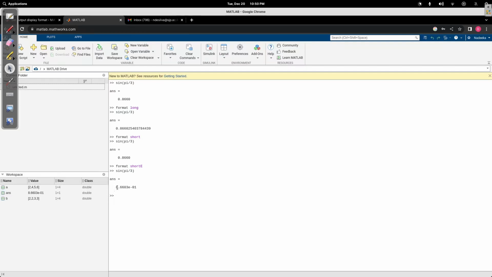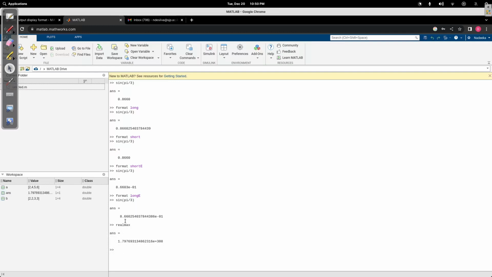And if I use format long e, it will give scientific notation again, but here it will use more decimal places. Okay, so if we are looking at large numbers like realmax, it's better to have it in scientific notation.